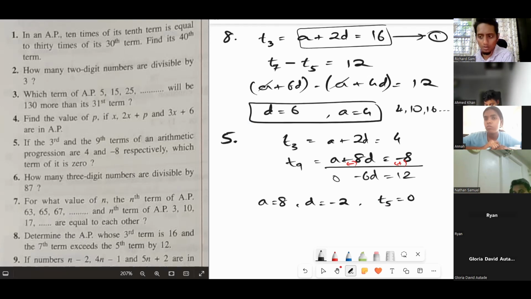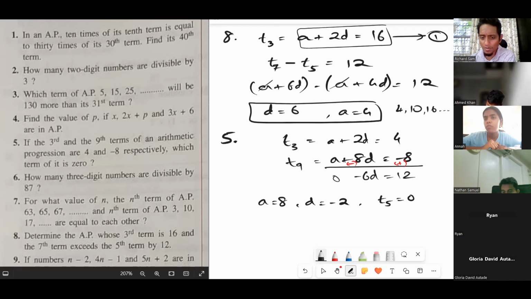Now can you explain the 8th question? Which part? How we got D is equal to 6? I can't hear you clearly.